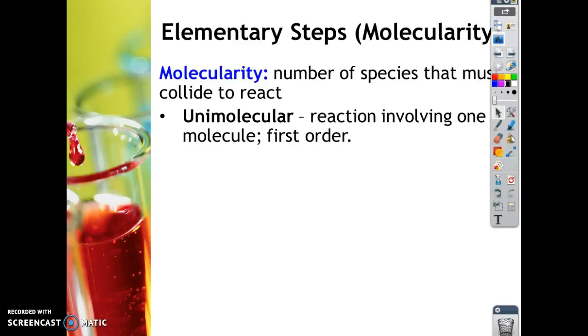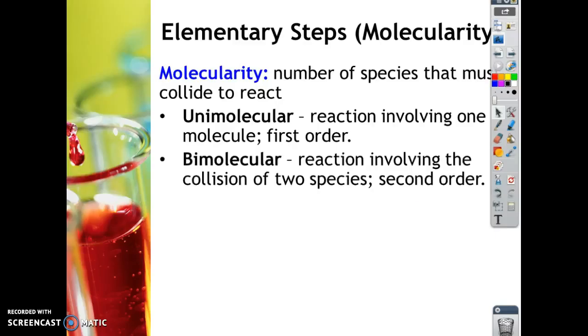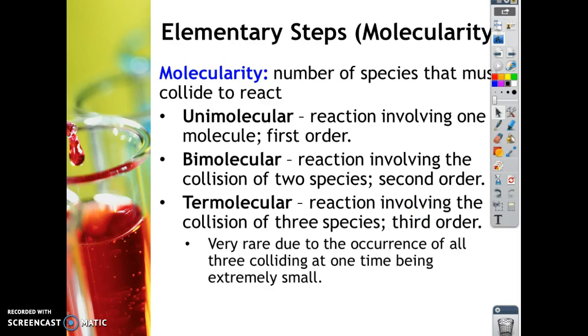If it's unimolecular, it only uses 1 molecule, and we call that first order. If it's bimolecular, guess what? That's 2 of them, and we call it second order. And if it's termolecular, it means we have 3, third order. This is rare. Think of the chances of 3 things colliding at one time, and they're these little teeny molecules.